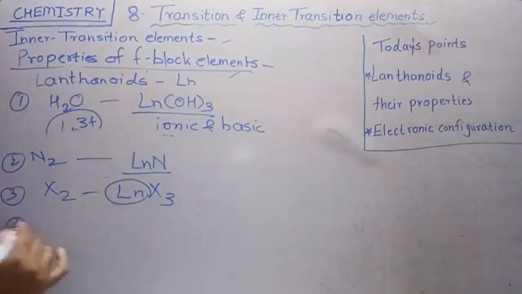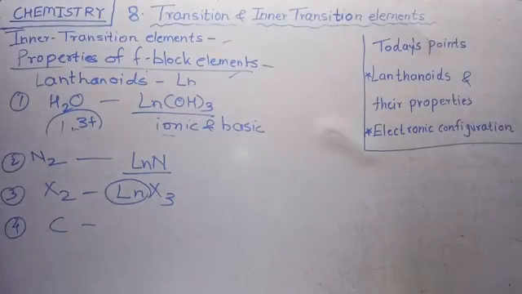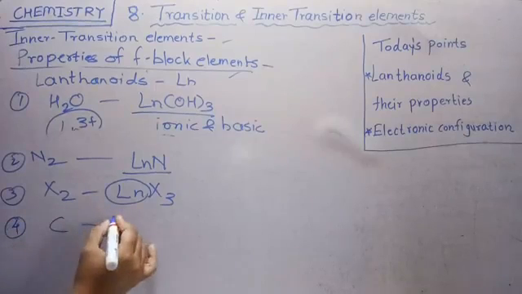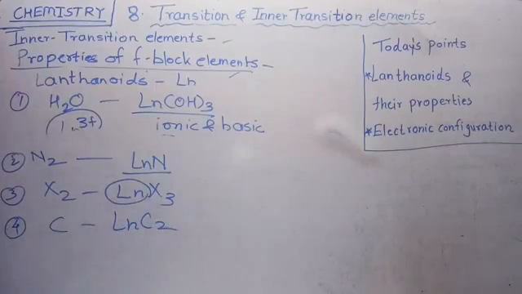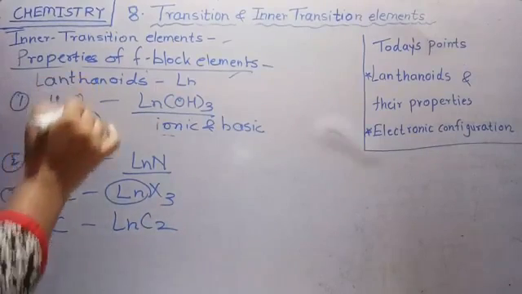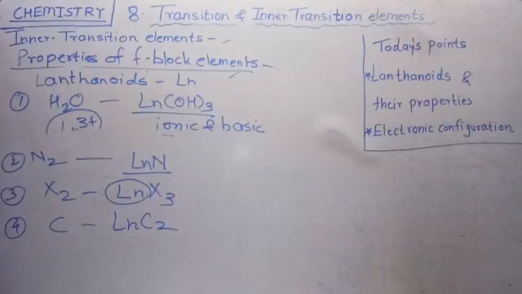Then next, with carbon. When these lanthanoids are strongly heated with carbon, they form carbides of type LnC2. These are the chemical properties of lanthanoids.